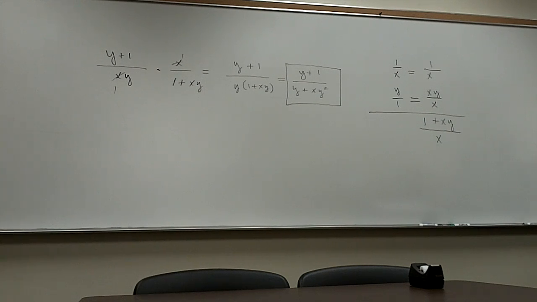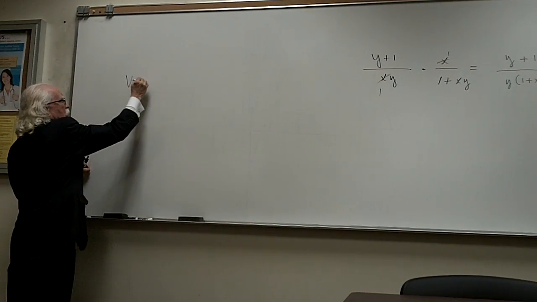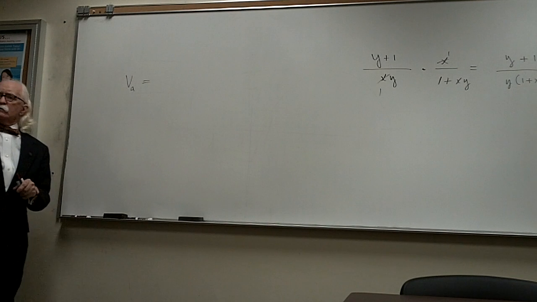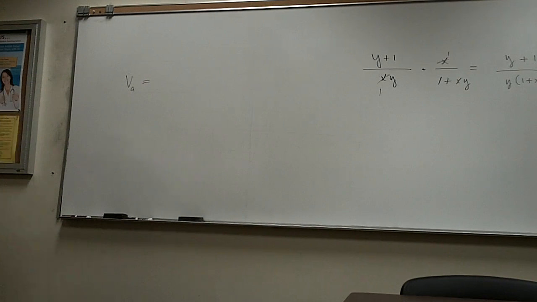A good example is your average velocity for a trip that you go on, in three separate ways, okay? The first part of the trip, you average 50 miles an hour.